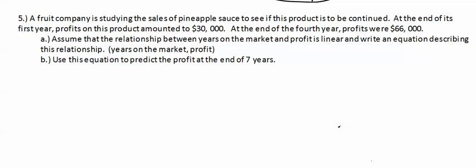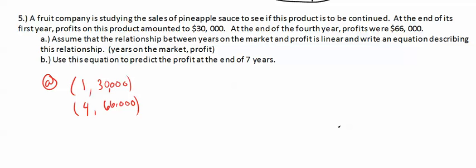So what you should be doing in letter A is writing your 2 points, 2 relationships. The second relationship is in the fourth year where sales were at 66,000.